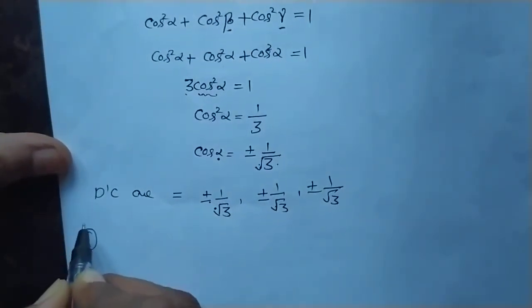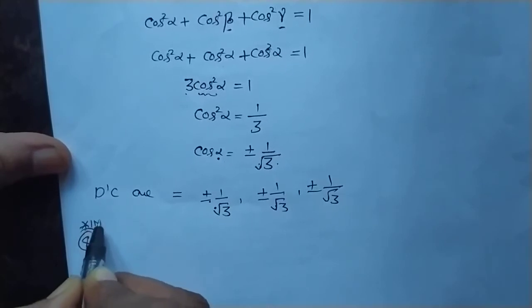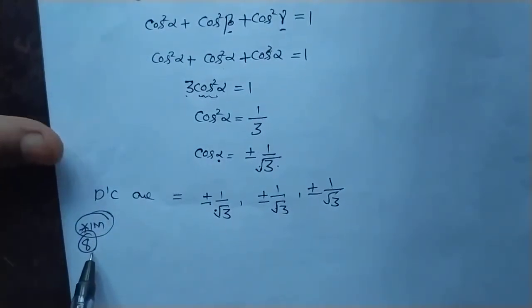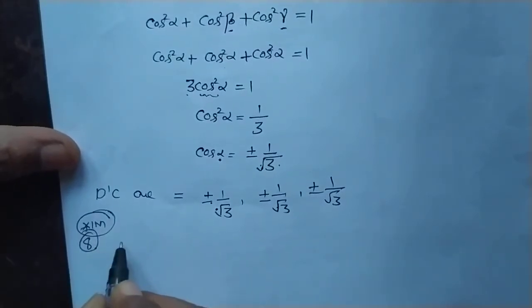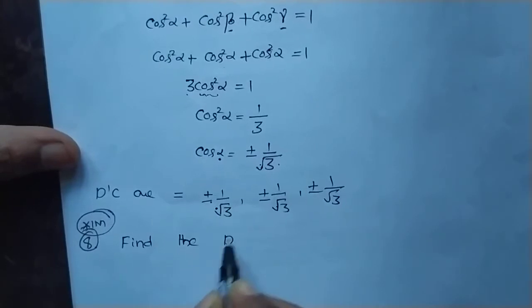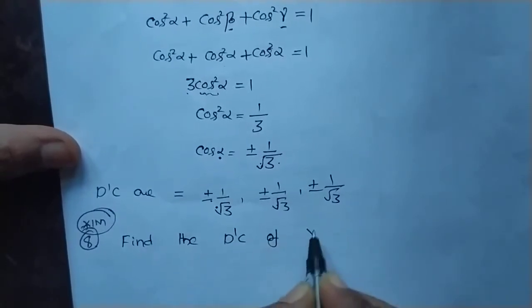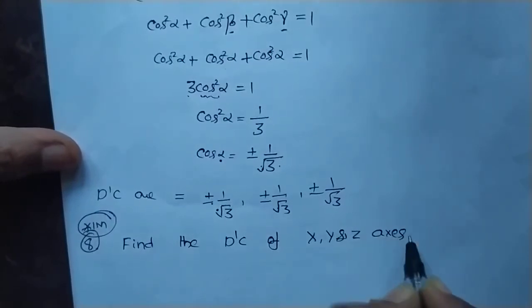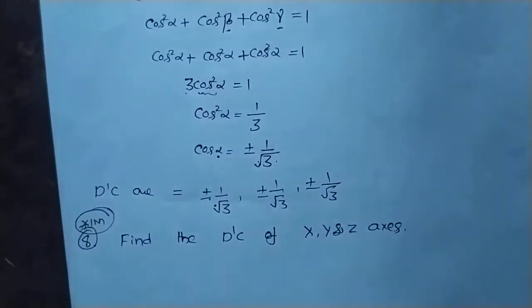It is an important problem for 1 mark. Kindly do not neglect this problem. It is a very easy one. Find the direction cosines of the x, y and z axes.